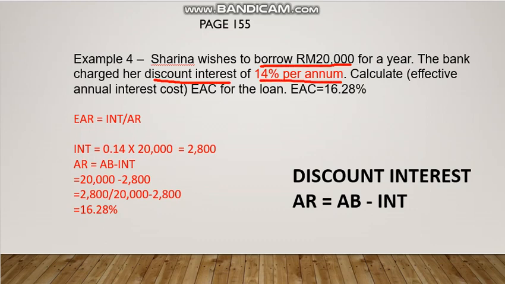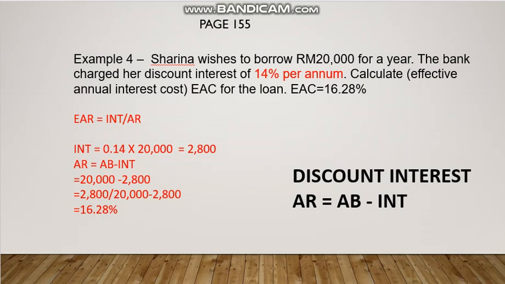What we have to do here is interest divided by AR, and now AR equals AB minus interest. Interest is calculated as normal, 14% times 20,000, but we divide by AR, and now AR equals 20,000 minus 2,800. So there we get this figure. Alright, so this is the difference.